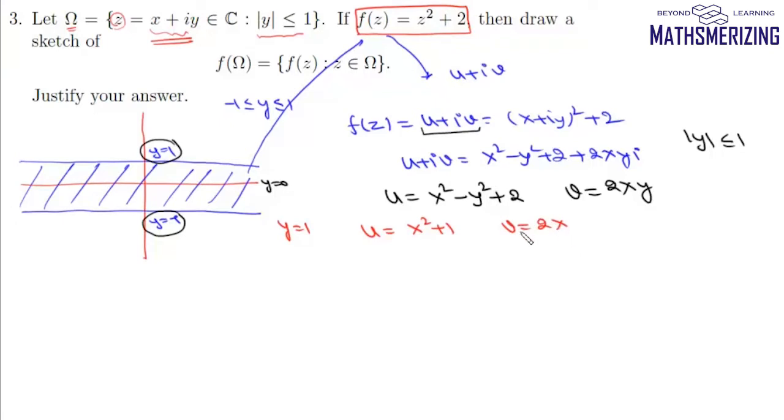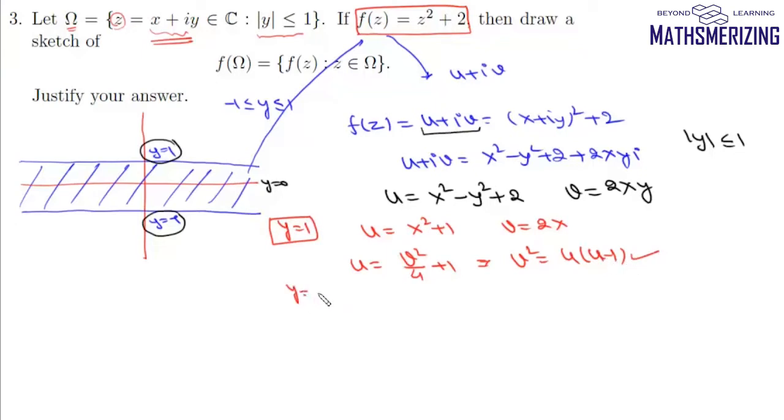So we can write this x as v by 2. So we'll write this as u equals v square by 4 plus 1. So we'll get this parabola, which is v square equals 4(u minus 1).